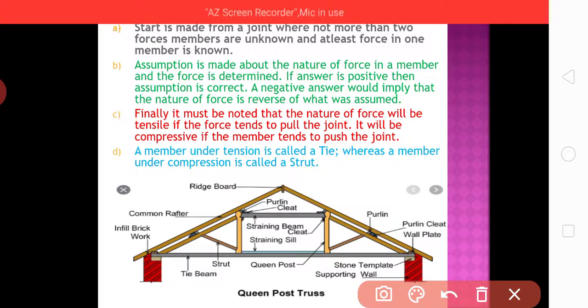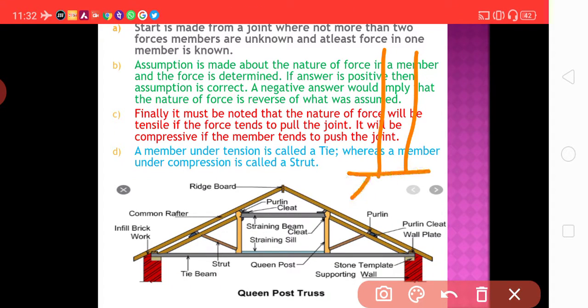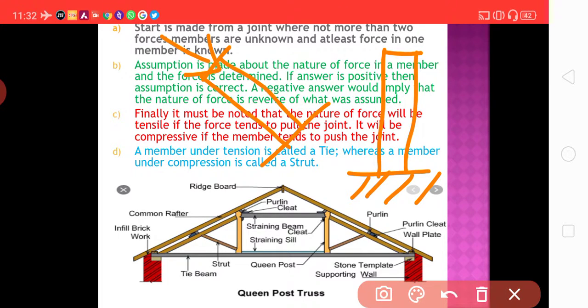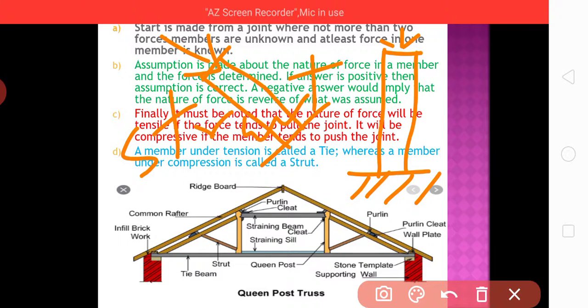Any member, this is basically a column, but if this column is at an angle other than 90 degrees, then this will be called a strut. Any member having compressive load but not vertical to the ground will be called a strut.